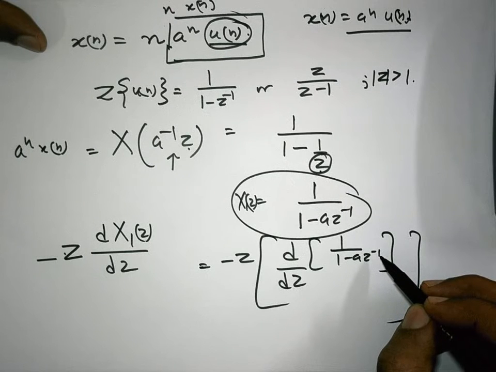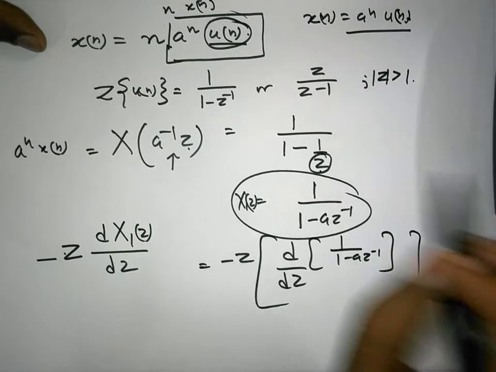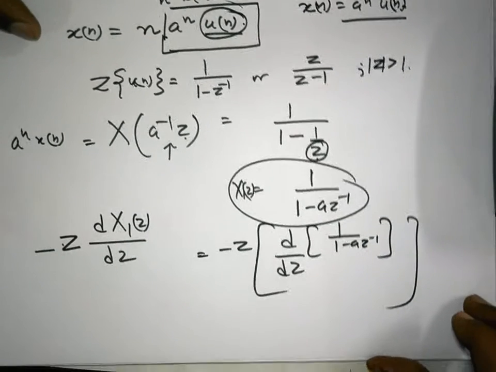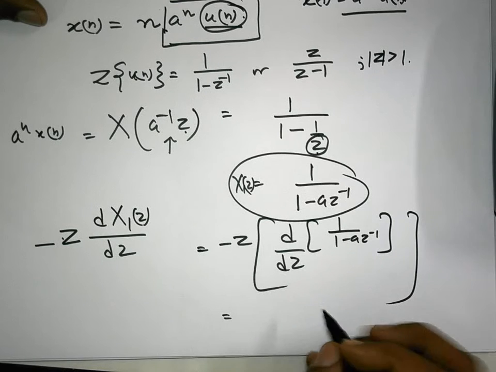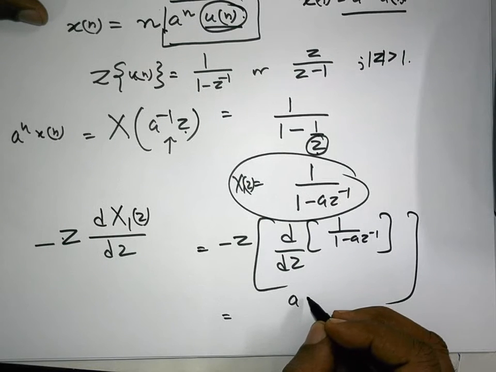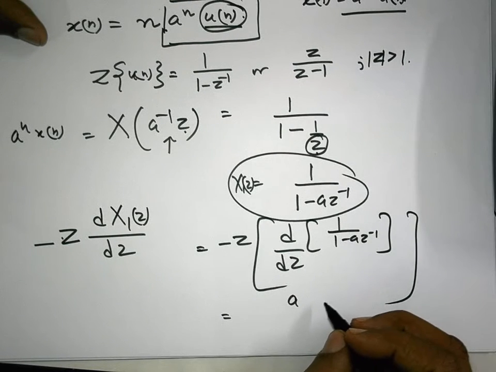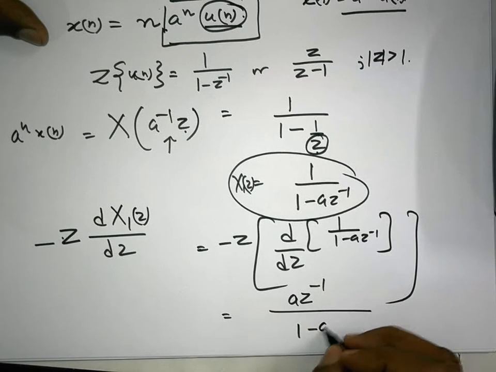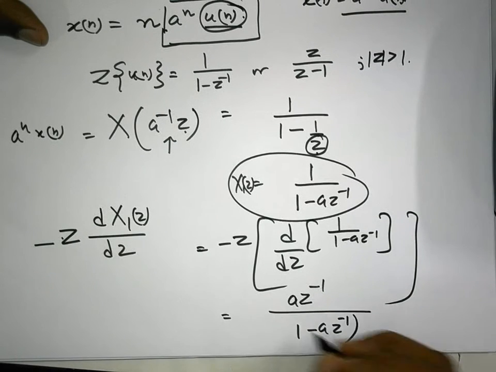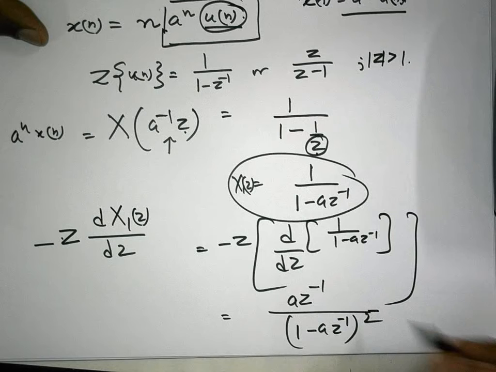If you recall your intermediate mathematics and solve the whole equation, you will get that this will be equal to a z to the power minus 1 over 1 minus a z to the power minus 1 whole square.